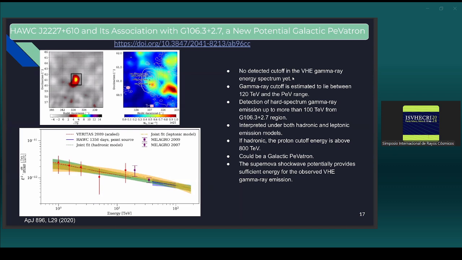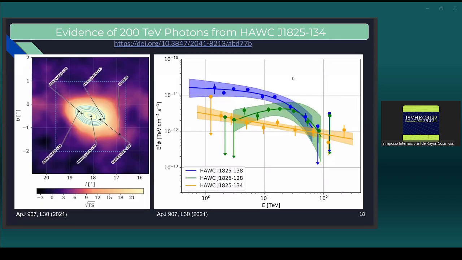And for the hadronic scenario, we believe that the gamma ray emission is mainly generated at the supernova remnant by diffusive acceleration in shocks. So we need to try to identify which one of these scenarios is the one that can explain the emission of these high energy TeV photons.